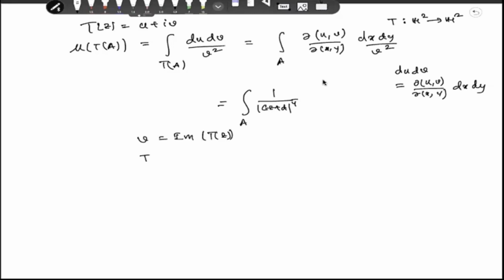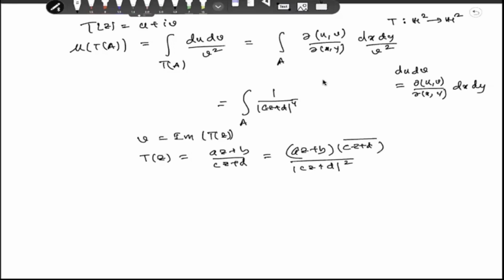Tz is equal to az plus b by cz plus d, so this is equal to az plus b by mod of cz plus d squared, and then in the numerator you have this multiplication by the conjugate of cz plus d.